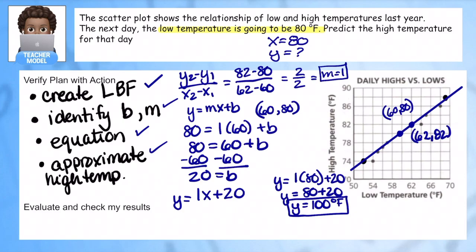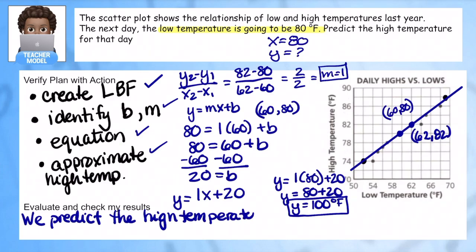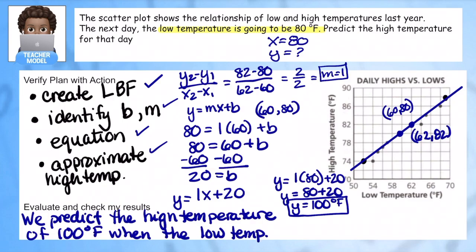Predict the high temperature for the day. We predict the high temperature of 100 degrees Fahrenheit when the low temp is 80 degrees.